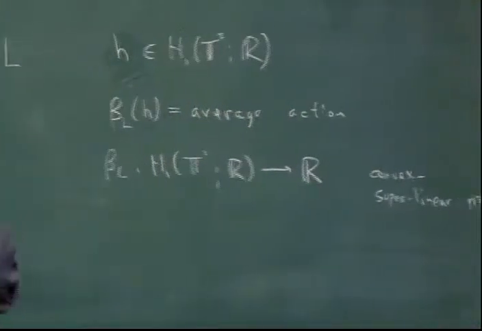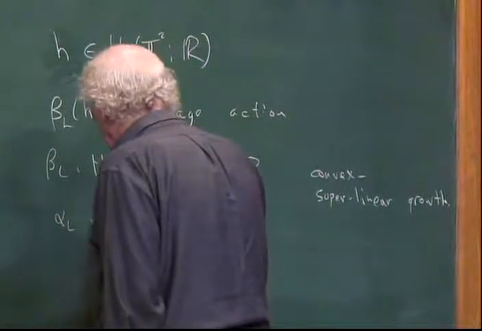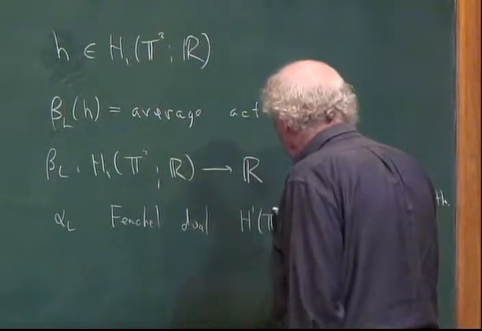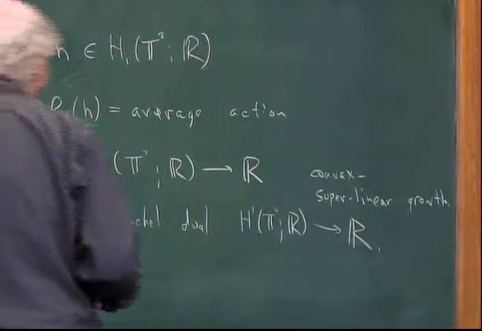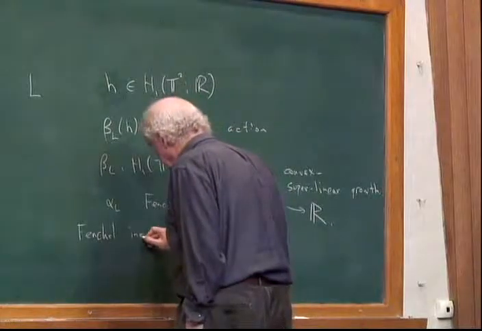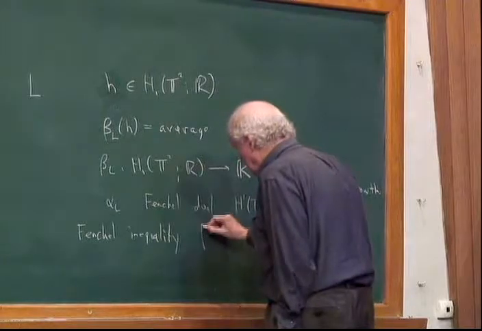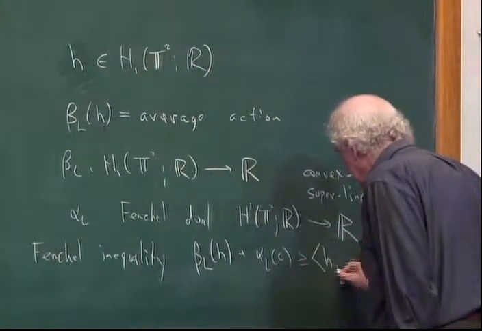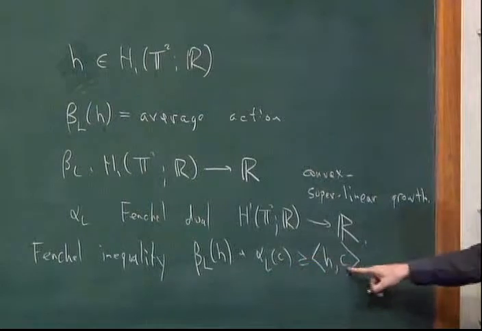Now you have this theory of Fenchel. Given a convex function on a finite dimensional vector space, there's a dual function, alpha L, which is the Fenchel dual, mapping H1 of T2 with coefficients in R into R. And then there's what's called the Fenchel inequality, which is absolutely general, but in this case it comes down to beta L of H plus alpha L of C is greater than or equal to H C. Here H is a homology class, C is a cohomology class, and this is the dual pairing.